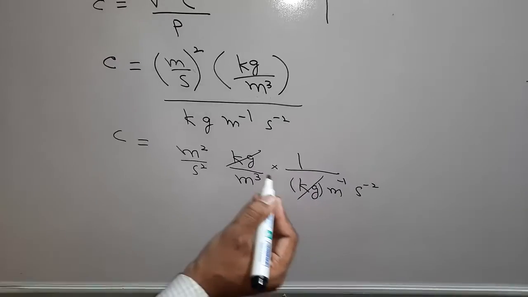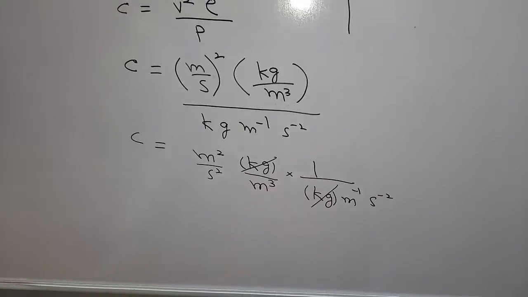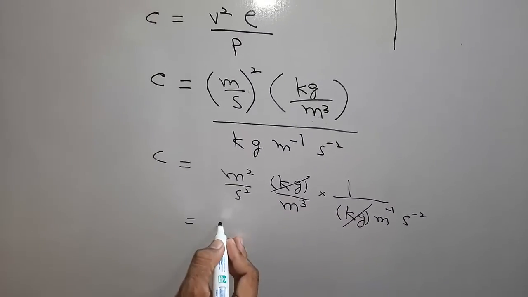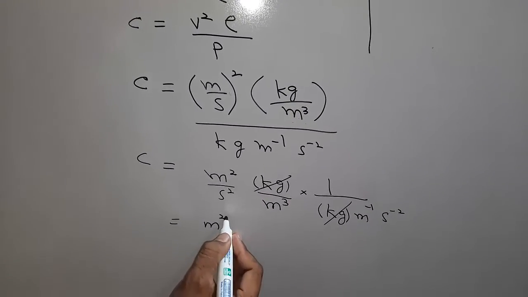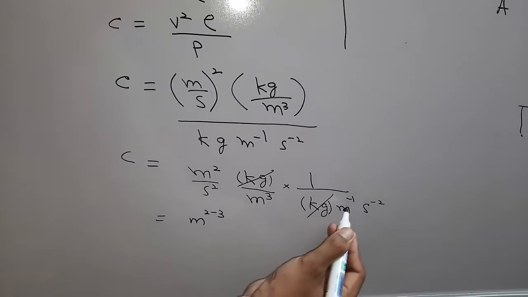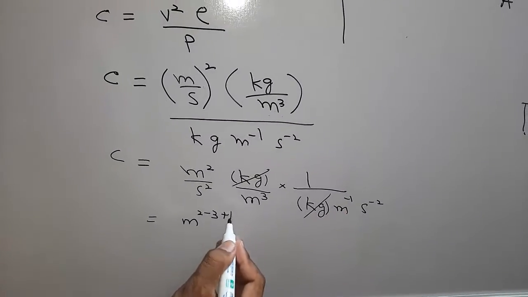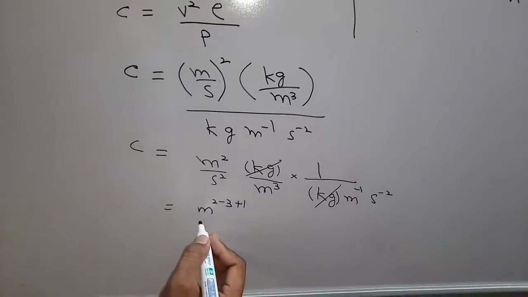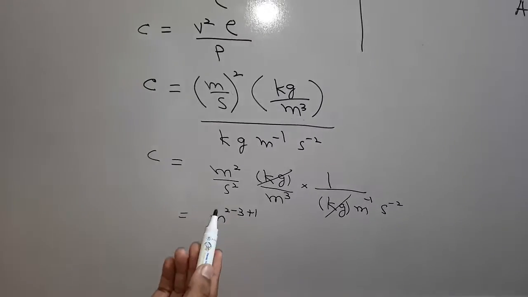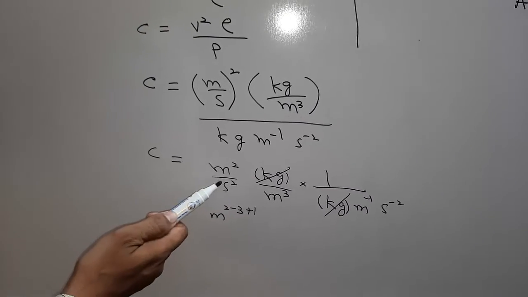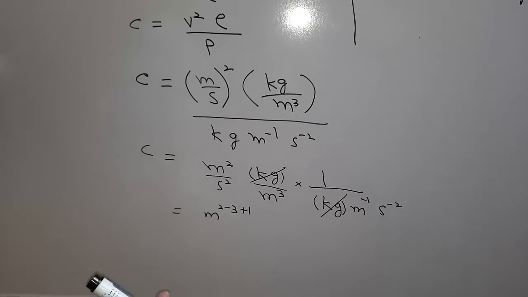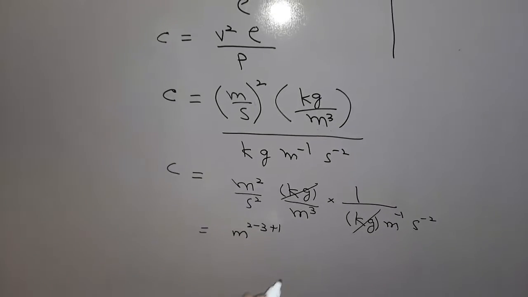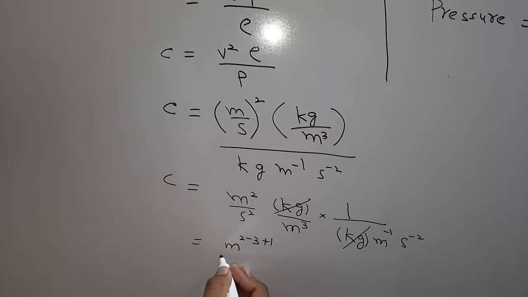Then kilogram is getting cancelled with kilogram, and this m minus 1 we are going to shift to the numerator. It becomes m power 2 plus 1 minus 3, or more simply 2 minus 3 plus 1. And in the denominator we have second power 2 and second power minus 2.